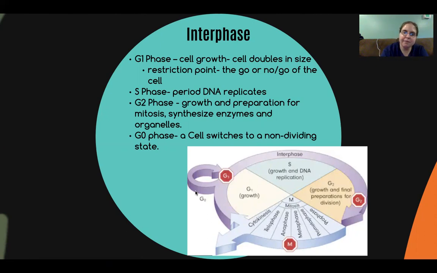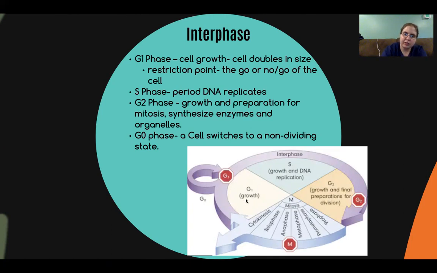If it's able to fix it and it does another recheck, and everything turns up fine, then the cell can rejoin the cell cycle. It can go back to G1 and continue on. If it cannot be fixed, or if it has no more telomeres and the cell can no longer divide, then it's going to stay in G naught until something called apoptosis, which is programmed cell death. We'll talk about that in a little bit.